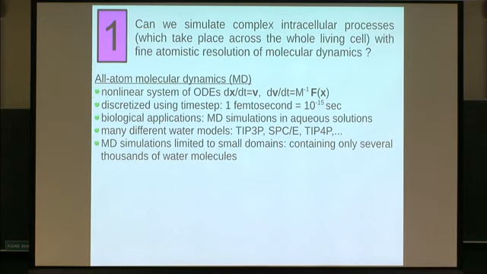I describe the system by a large vector, bold X, which describes the positions of all atoms in the system, and also by another vector V, which describes the velocities, and then I evolve Newton's equations. So the derivative of position is velocity, and the derivative of velocity is the inverse of the mass matrix, which is a matrix which has the masses of all atoms on the diagonal, times the forces on the right hand side, F(X).